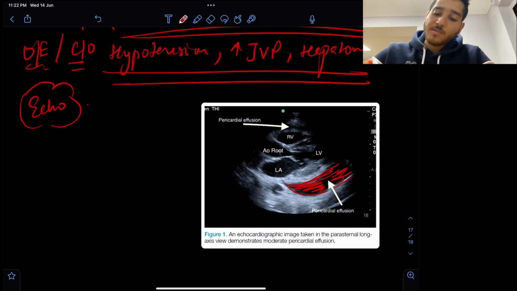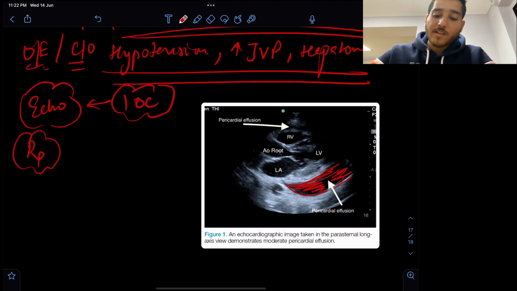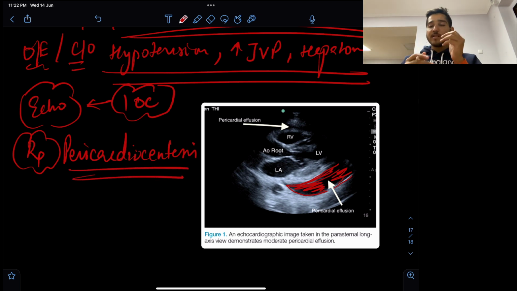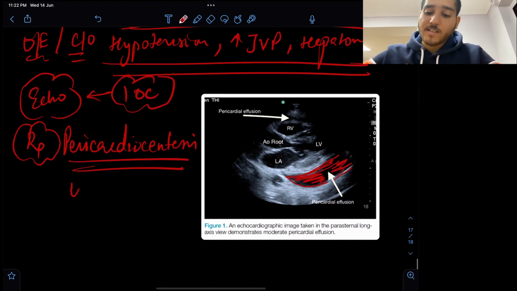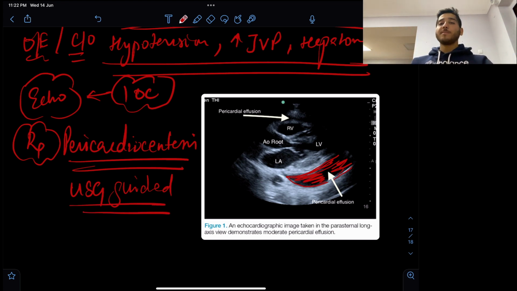Echo is the investigation of choice for cardiac tamponade, and for treatment you'll do pericardiocentesis. Pericardiocentesis means taking out the extra fluid from the pericardial cavity, and this is usually done ultrasound guided. So for the treatment part, we usually write ultrasound guided pericardiocentesis.